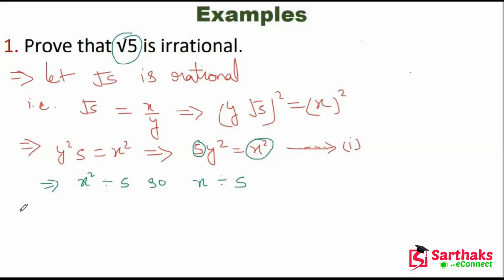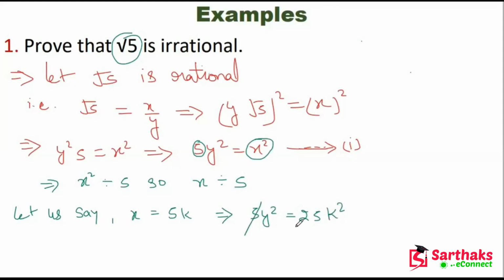So let us say x is equal to 5k for some value of k, and substituting this value of x in equation 1, it will become 5y square is equal to 25k square.